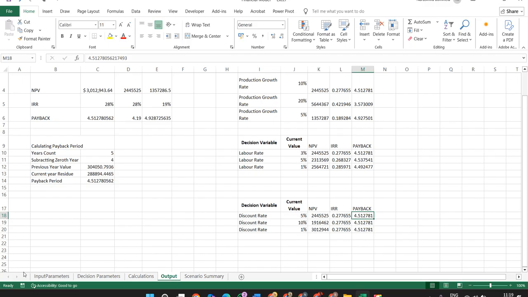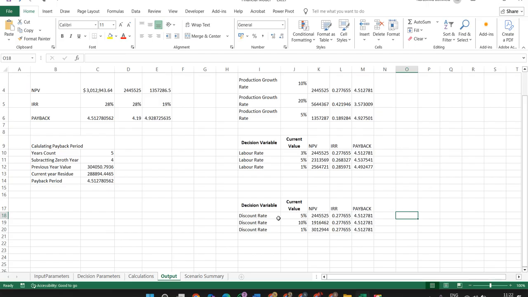Okay, and it is directly impacting NPV. So from this analysis, it is clear that discount rate only impacts NPV, not IRR and payback period.